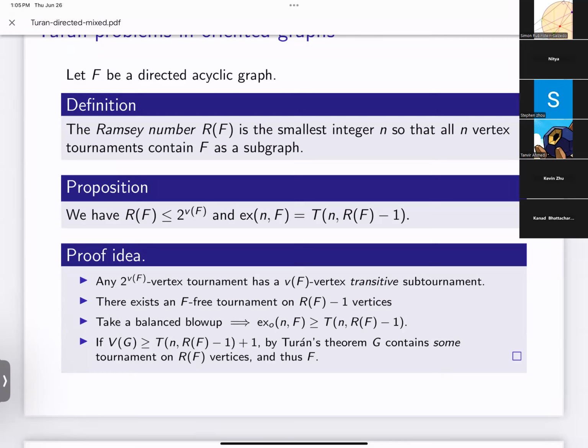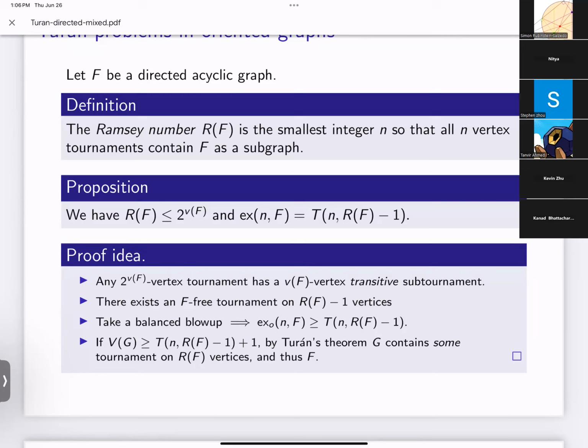Let's, for a moment, fully forget that, and just imagine it's an undirected graph. So if I had an undirected graph with this many edges, by Turán's theorem, as an undirected graph, it would have to contain a complete graph on R of F vertices, which is some tournament, right? There's some actual orientation. We have no idea what the orientation is, but it's some orientation.